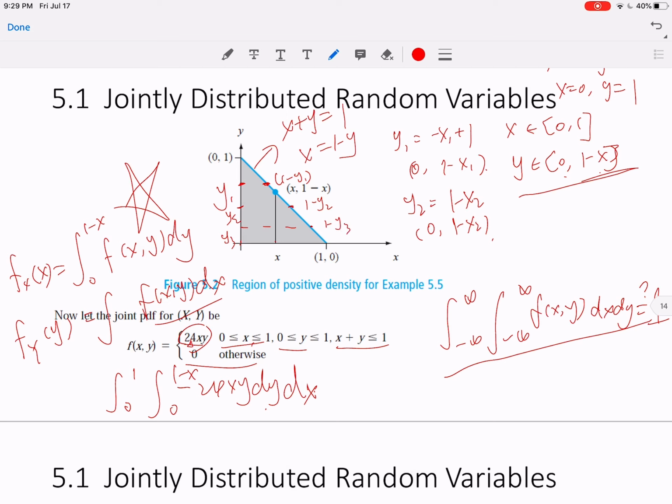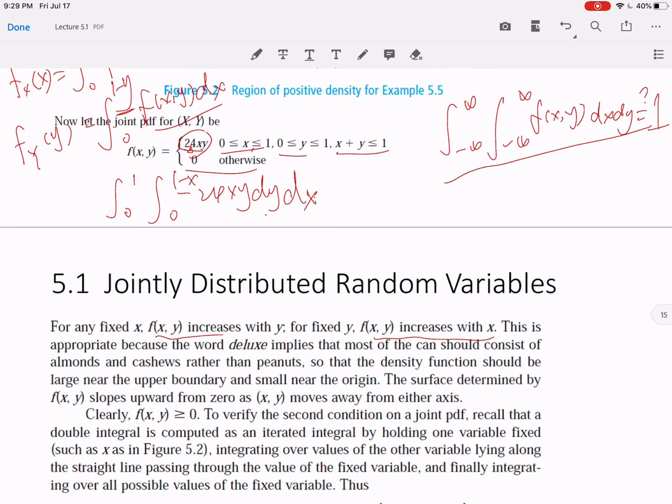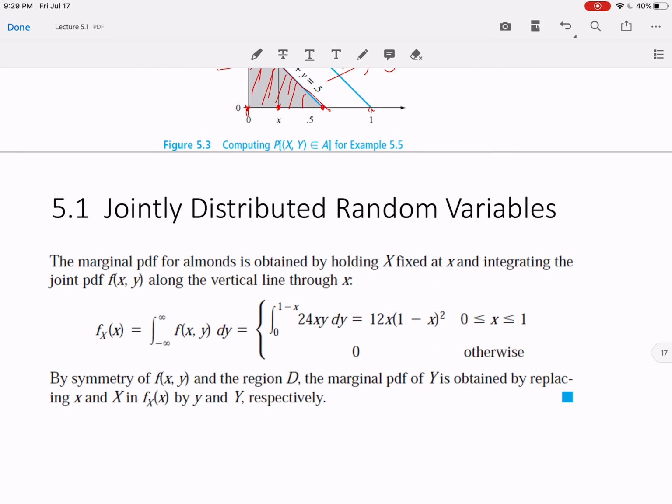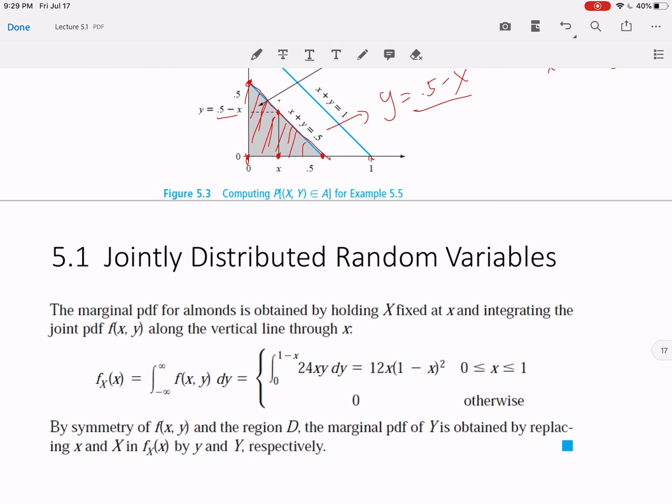So the x value completely depends on the value of y. In other words, if we hold y fixed, the interval of x is going to be from 0 to 1 minus y. Once this is figured out, we just do some basic calculation or the integration part to find the marginal PDF. I won't go over the calculation again, just tell you the idea, because the calculation is very similar.